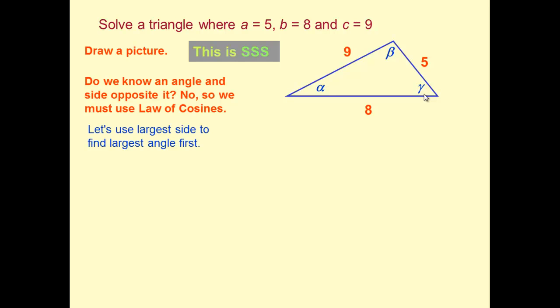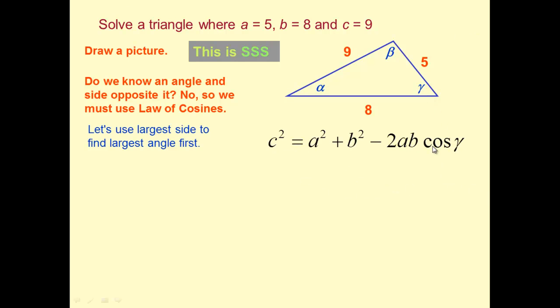However, if we use the law of cosines and I take an inverse cosine, remember the inverse cosine is restricted between 0 and pi, so I can in fact find an obtuse angle. So I'm going to look for the largest angle first. That way I don't need to worry about the ambiguous case in using the law of sines later on.